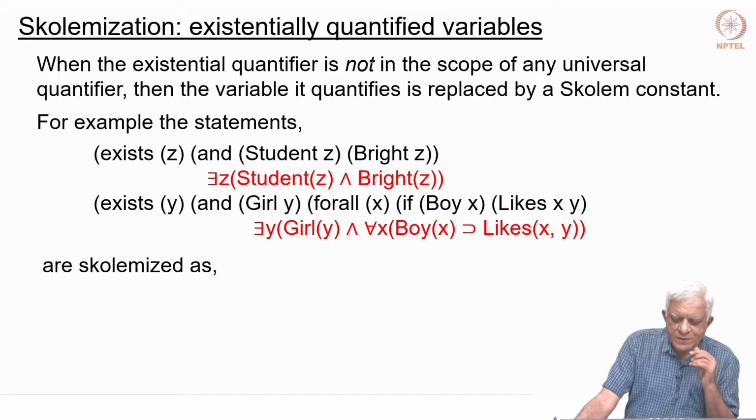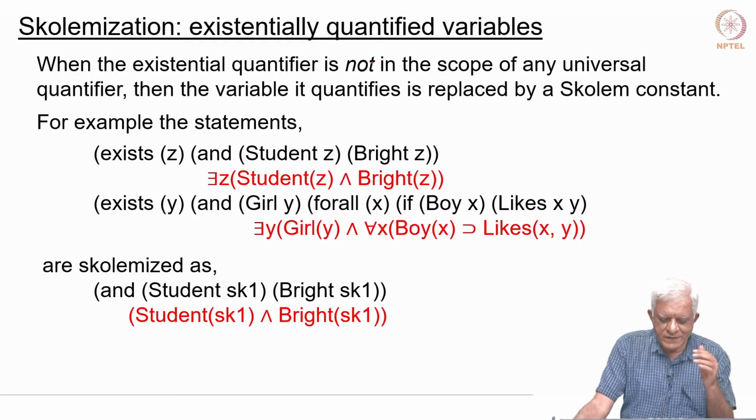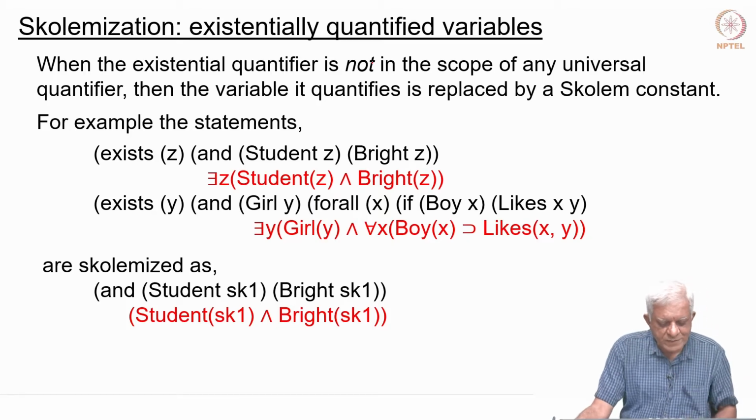These will be Skolemized because the existential quantifier is not in the scope of any universal quantifier, so we will just replace them by Skolem constants. In the first example, instead of Z, we will simply write SK1 in both the positions.